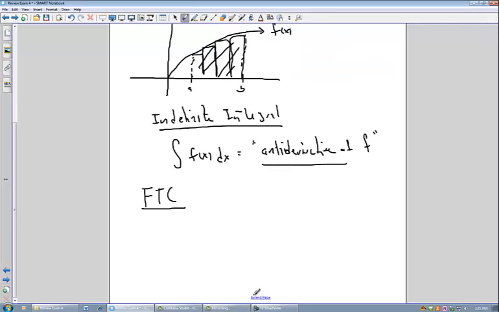So it says if you give me a definite integral, basically, the integral from a to b of f of x dx, and I want to figure out exactly what this definite integral is, what I can do is first figure out the indefinite integral. So take off the limits, and then put the limits back on. Right? Basically plug in the limits.